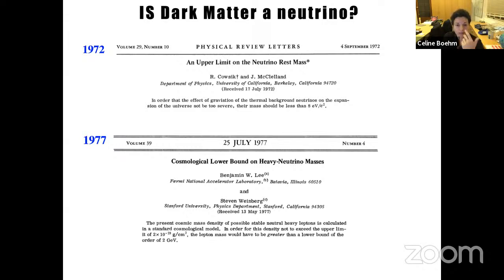1977, an important limit came out, which is not really the case for the neutrinos, but which is saying that if there are new particles, if they annihilate, and you will see that there are plenty of other hypotheses, then the mass of a dark matter has to be bigger than a proton, essentially. So with those papers in mind, people started to realize that the neutrinos have to be very light.